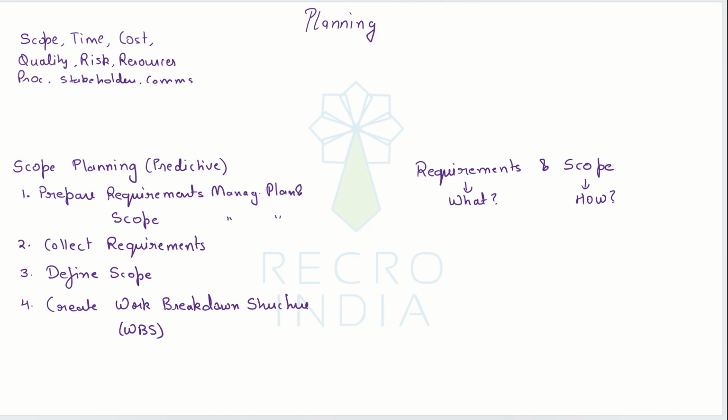Now, think of it in this way: a stakeholder is not going to tell you how that particular functionality should be developed. What will the stakeholder tell you? That this is what I want, this is what I expect, or this is what I want as a final outcome. So requirements are generally given to you by the stakeholders.